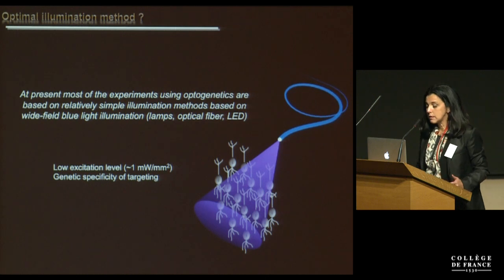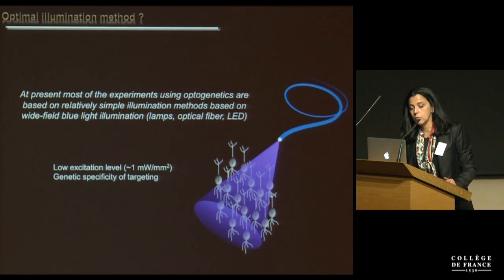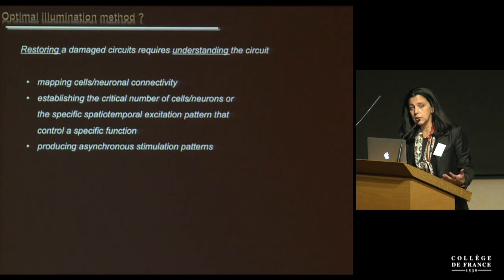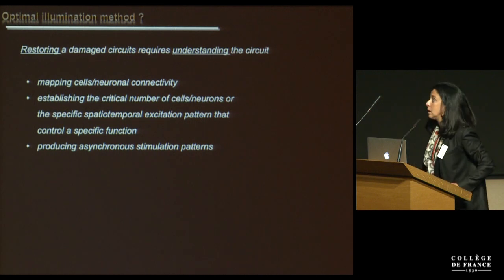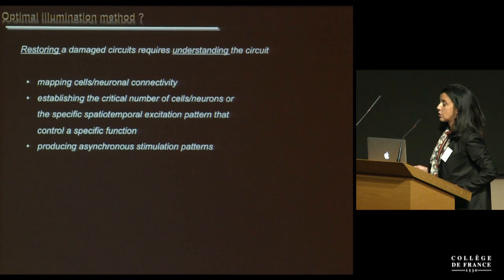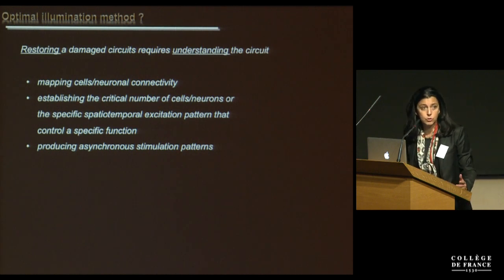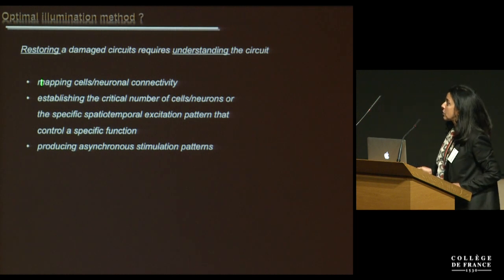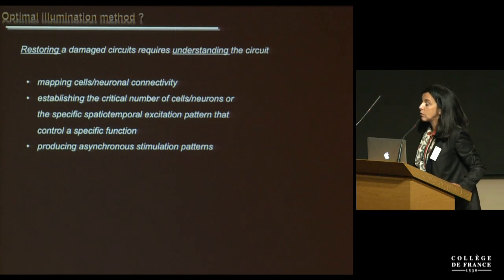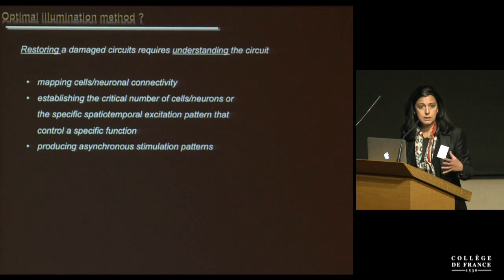Okay, but today in this symposium, the goal was to discuss what we can do with optogenetics and visual restoration, or in general what we can do by using optogenetics to restore damaged circuits. If you want to restore a damaged circuit, one important step is to understand how the circuit works. This includes, for example, understanding how different cells in a certain circuit are connected between them.